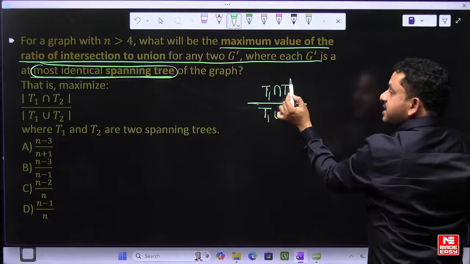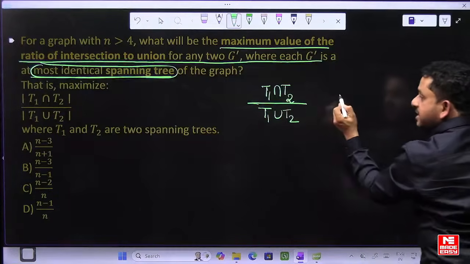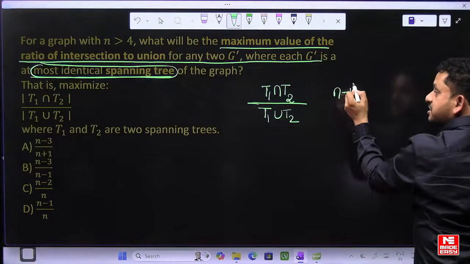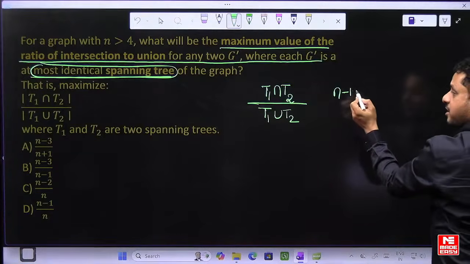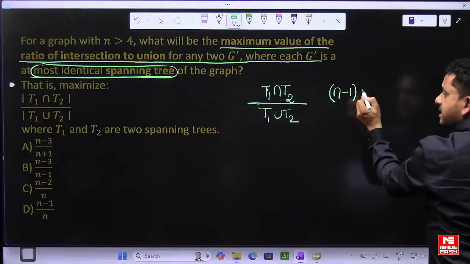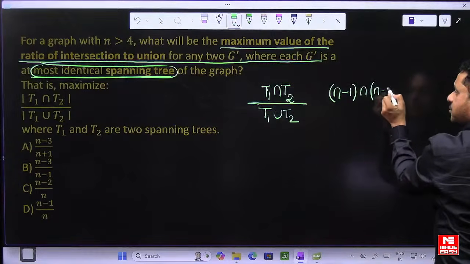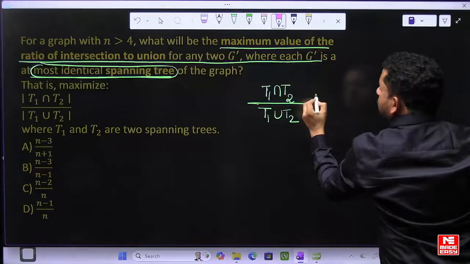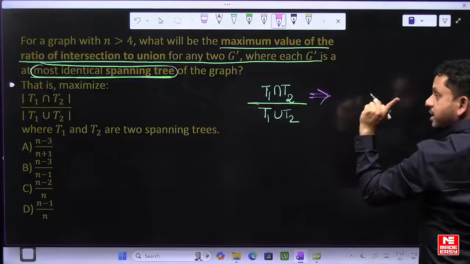Assume that out of the n minus 1 edges of the first spanning tree and the intersection, only 2 edges are different. In the most common intersection, only one edge is different.